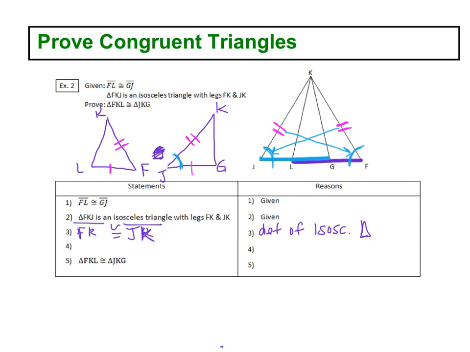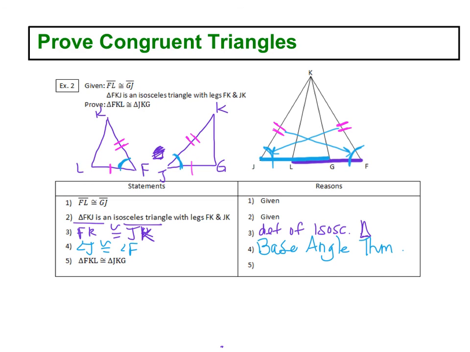So basically this angle right here is in this triangle right there. And then this angle at F is right there. So those are the 2 congruent angles. So let's go ahead and say that angle J is congruent to angle F. And that's your base angle theorem. That's the new one we just learned.